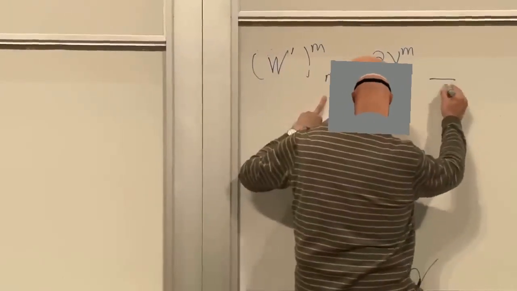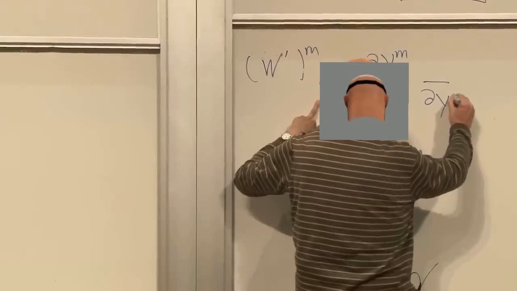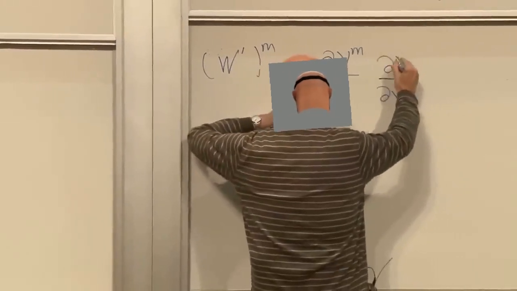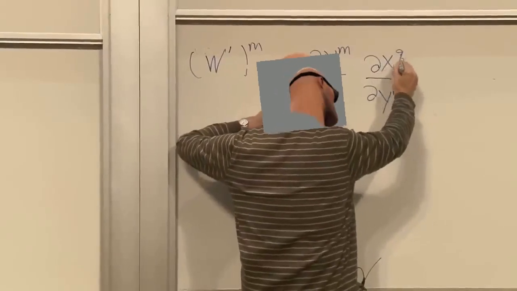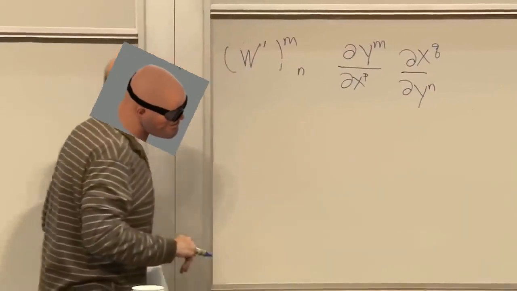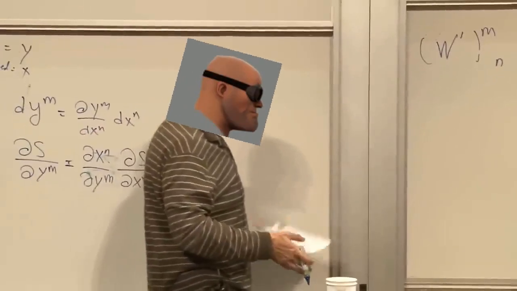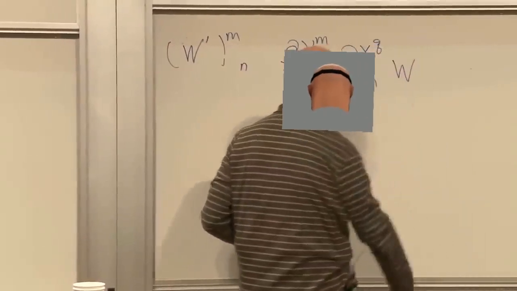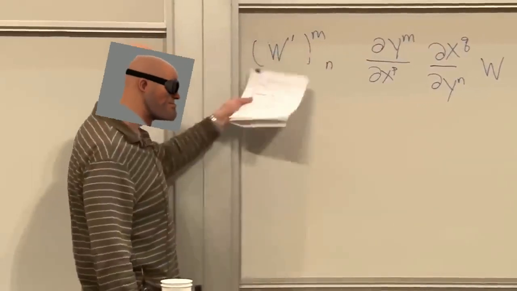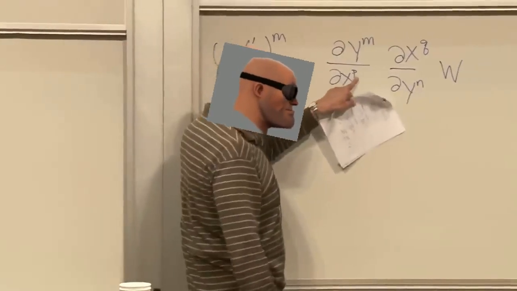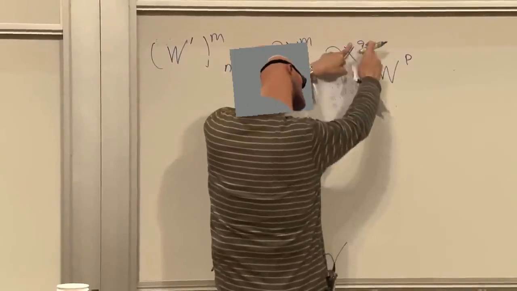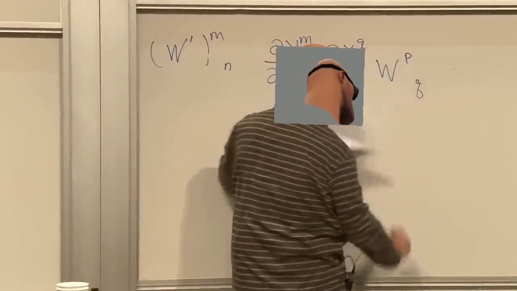So there must be a dy downstairs, and therefore there's got to be a dx, and let's call it q, upstairs. And now we multiply that by W, the tensor in the unprimed frame. There's a p downstairs, there's got to be a p upstairs here. There's a q upstairs, there's got to be a q downstairs.